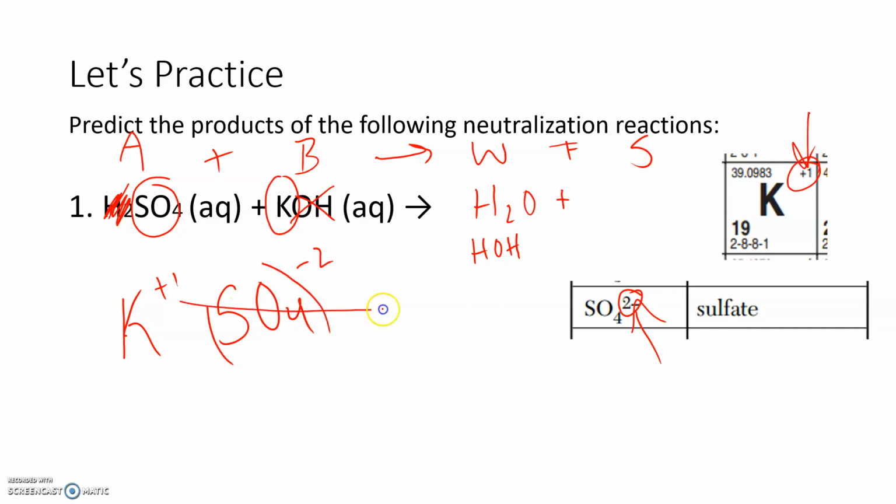You might want to put that in parentheses, it's up to you. When I cross down, I would get 2 K's for every 1 SO4. So the formula for my actual salt here is K2SO4, not KSO4. Okay, so make sure you look up those oxidation states, cross them down.